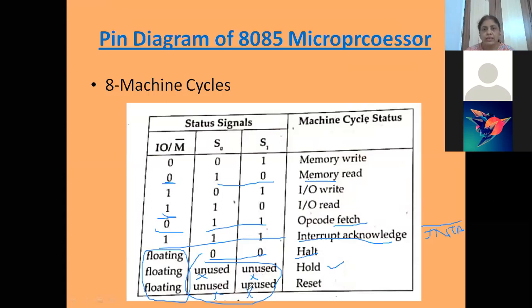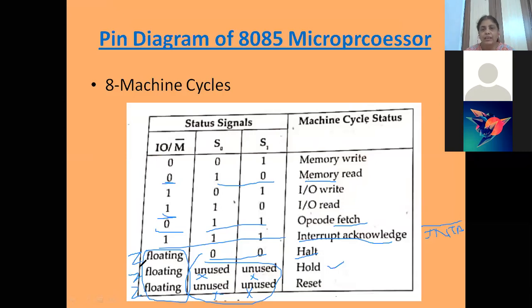It is don't care condition. तो जब भी hold होगा या reset मशीन साइकिल एग्जीक्यूट हो रही होगी, तब इस पे आपको कुछ भी हो, it doesn't matter. And now what is floating? Floating में in your engineering books or if you see on net, तो यहाँ Z लिखा है. Z मतलब high impedance state or high resistance state.